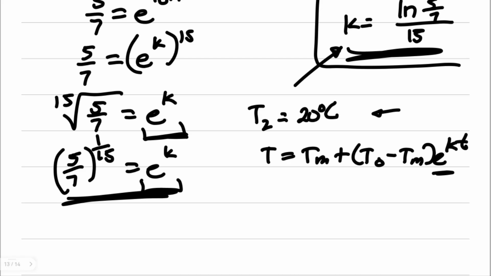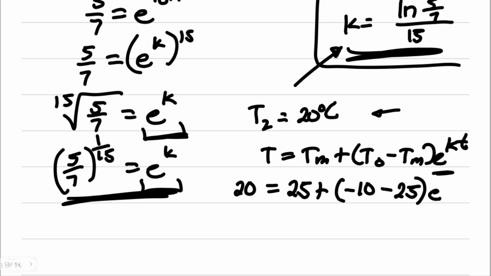Our t sub 2 is actually 20 degrees Celsius, or just simply 20. Our original room temperature is actually 25, plus t sub 0, still originally negative 10, minus 25, times e to the power of, now let's proceed. Instead of e to the power of k, I'll be using (5/7) to the power of 1/15, times your t.